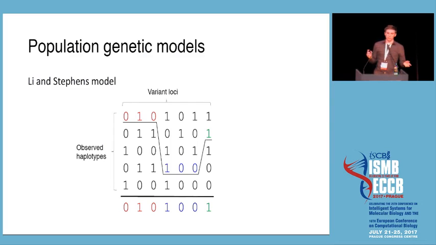And these are biallelic loci, so we code the two alleles as a 0 or a 1, and then relative to a linear reference, this completely determines a haplotype. The Li and Stephens model is a generative model. It describes how new haplotypes are formed, and the process that they are formed in the Li and Stephens model is as a mosaic of these previously observed haplotypes.